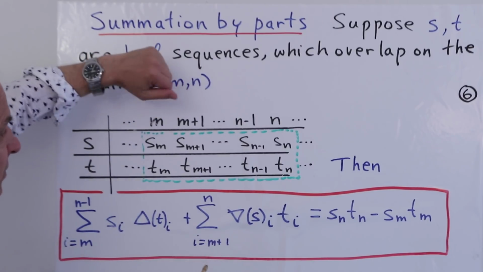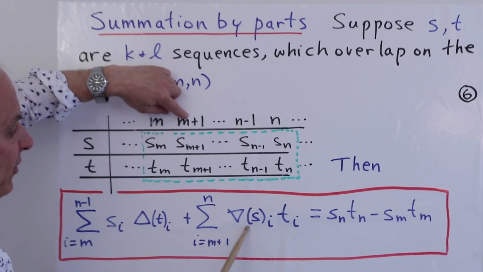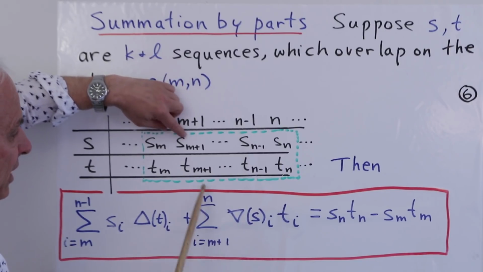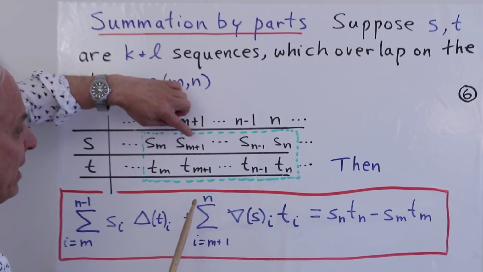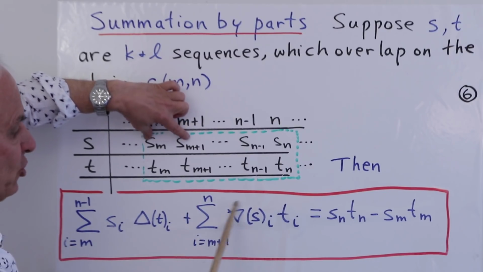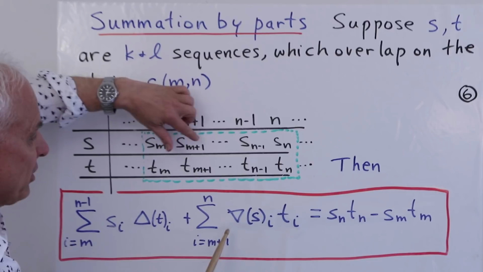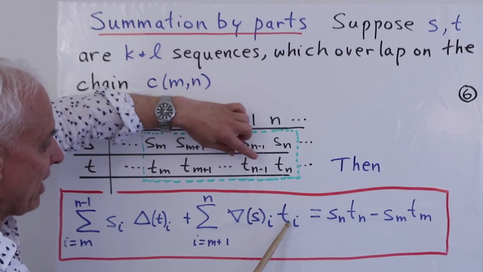What are we summing? We're summing the product of the backward difference associated with s. So like the first term, this one here, would be s sub m plus 1 minus s sub m. That would be that term there, multiplied by the t sub m plus 1 value there. Okay, we do products of differences of the s's times values of the t's.